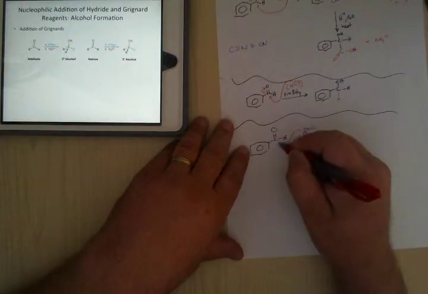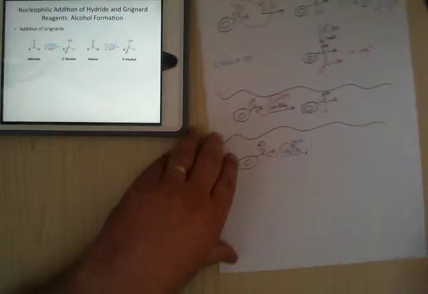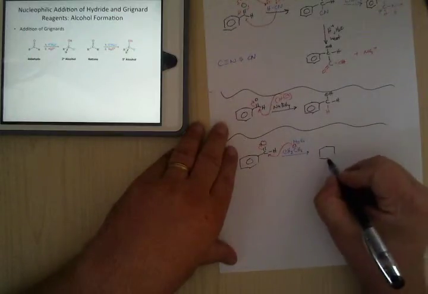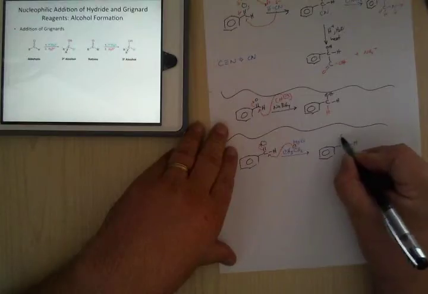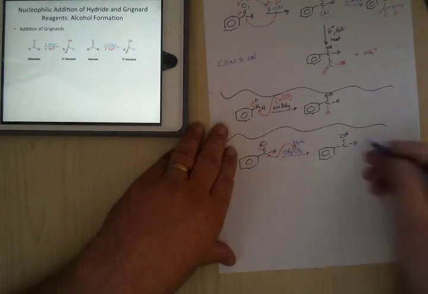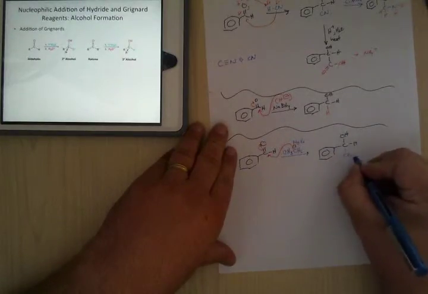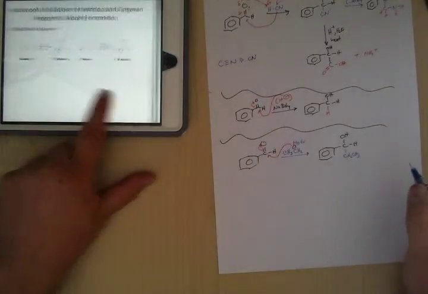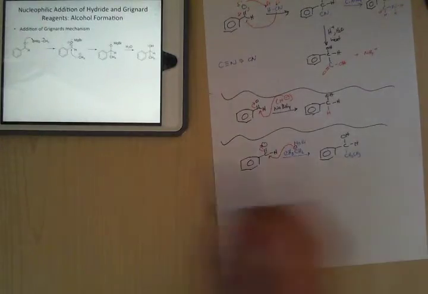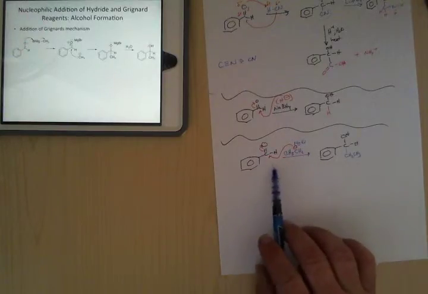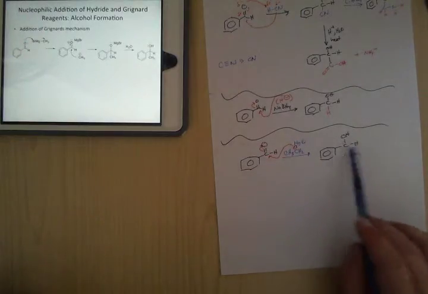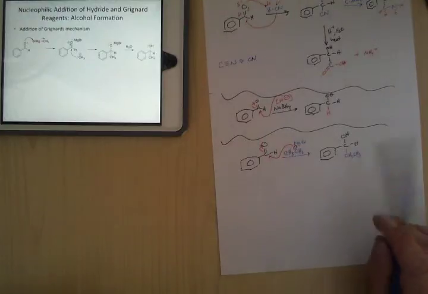So that's going to attack there, kick that up. So you're going to end up with, as always, the OH plus what you attacked with, CH2, CH3. Now the mechanism is a little weird, but the product is what you're interested in. Again, it's this OH plus what attacked it.